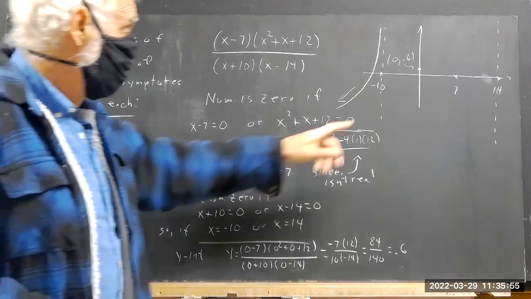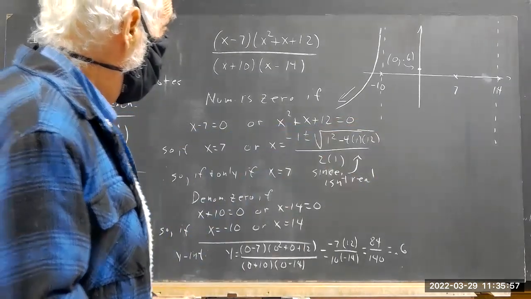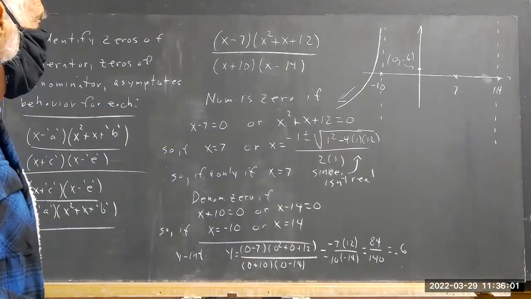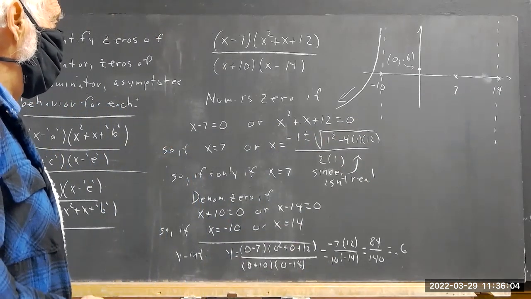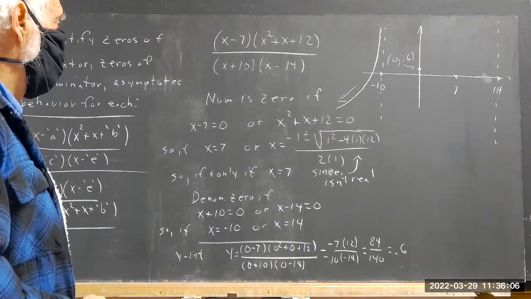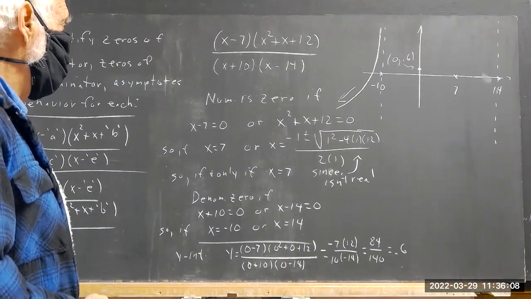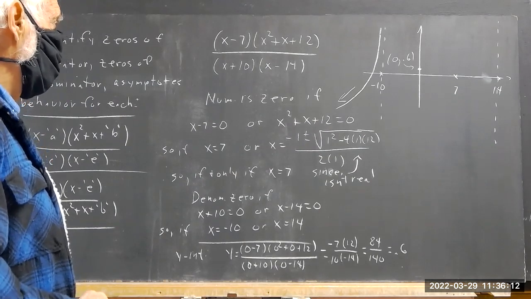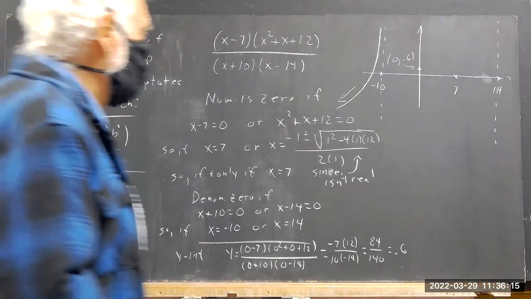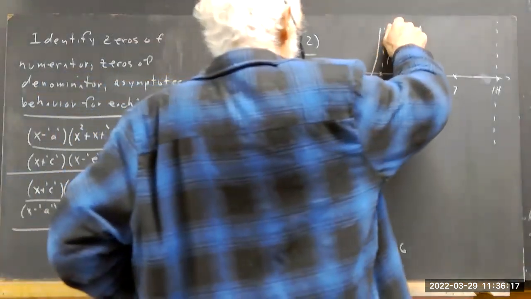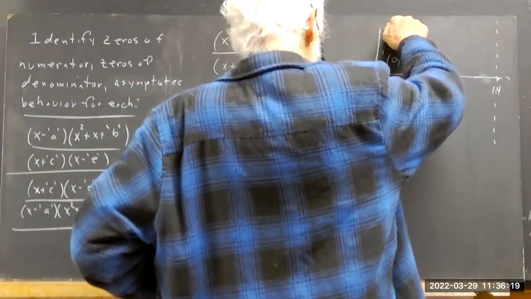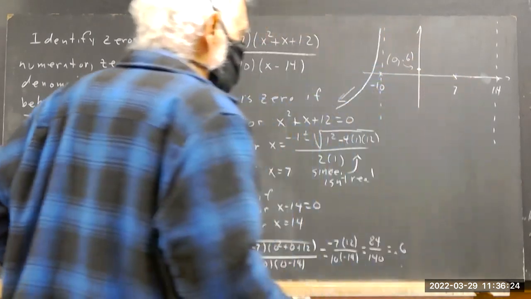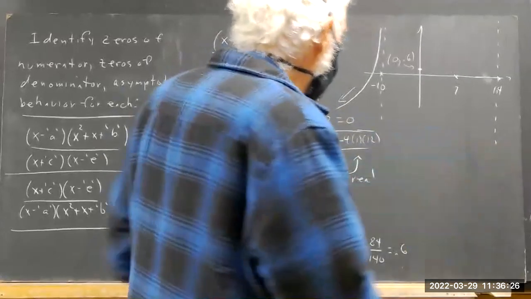And then on the other side of 10, the thing is going to flip. Oh, we can't do that. Never mind, it's not going to flip. It's going to come down from up here and go through this point. It has to go through 0 here. Then it has to be asymptotic to this.